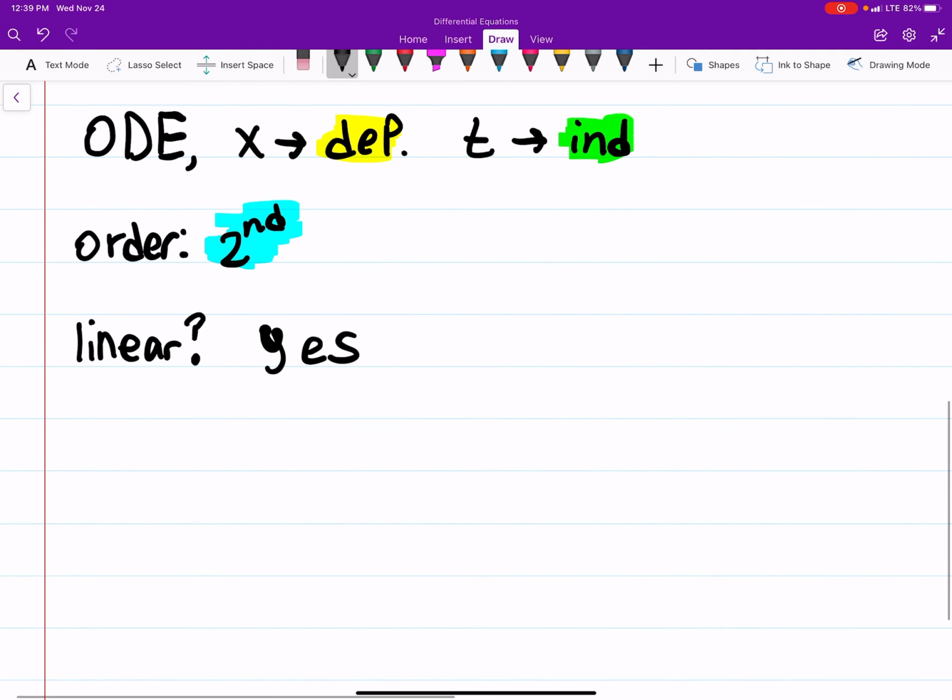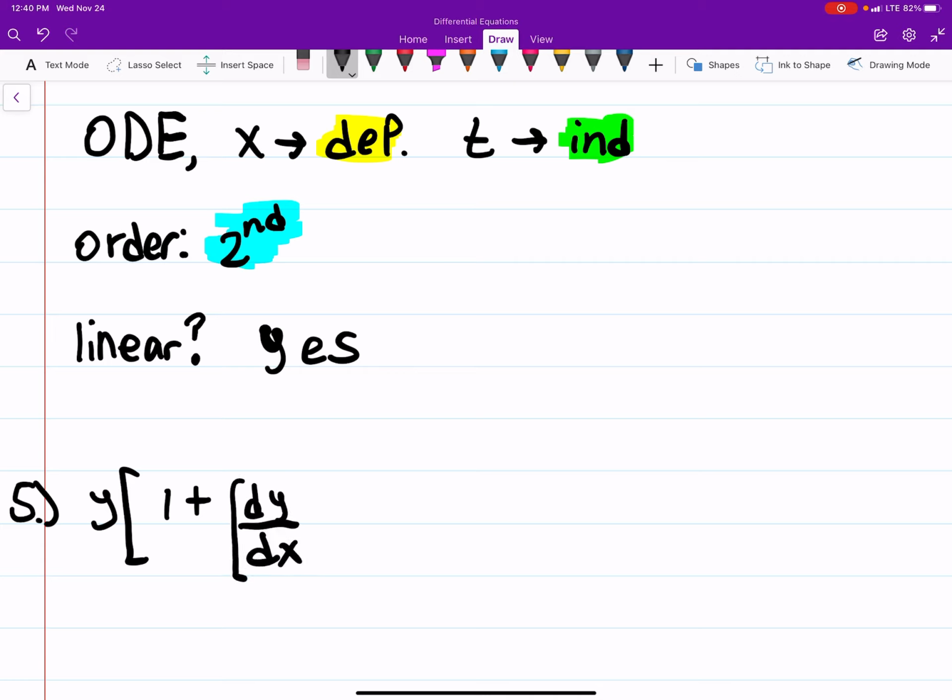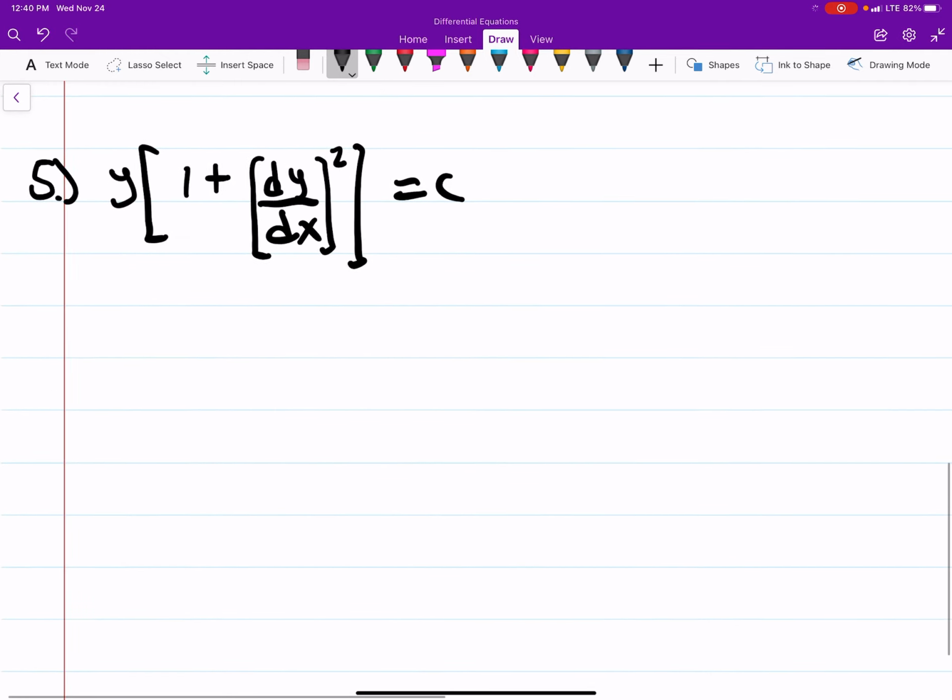Okay, number 5. We have y times 1 plus the derivative of y with respect to x squared equals some constant c. I'm going to go a little faster now because we're getting the hang of it.